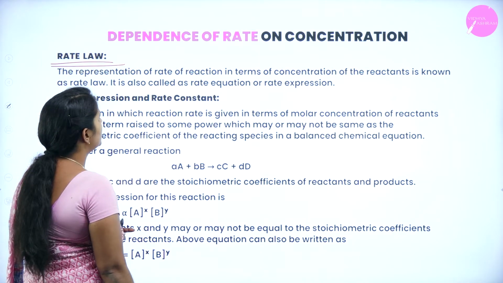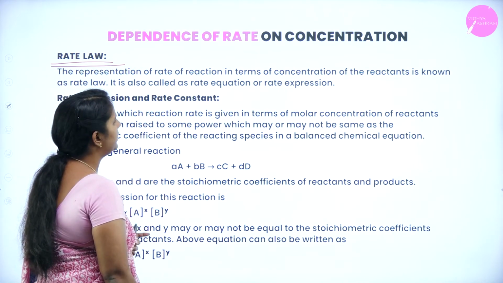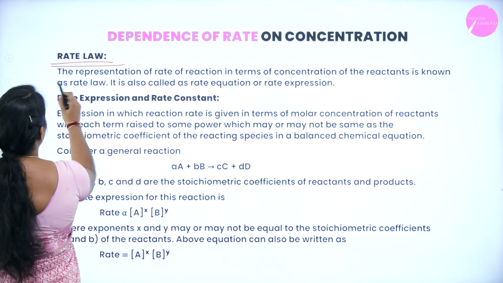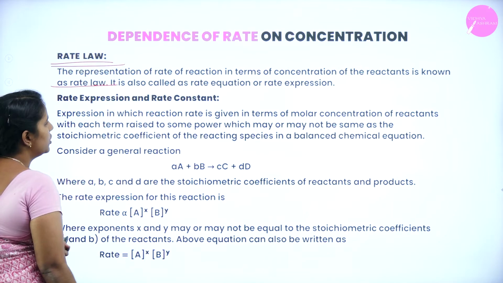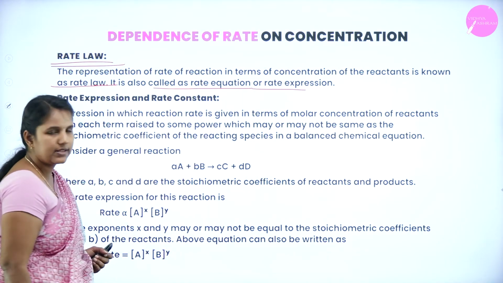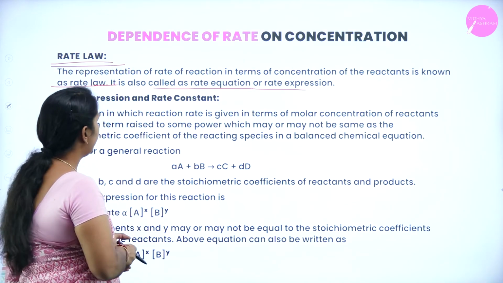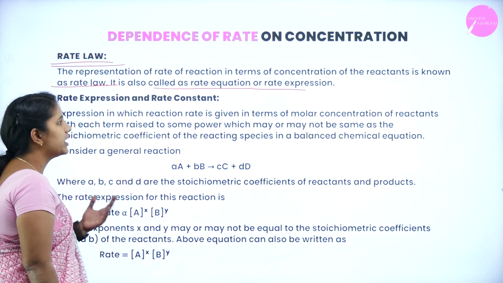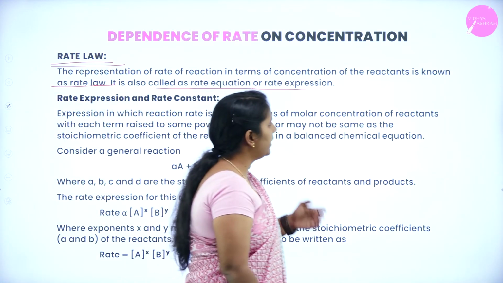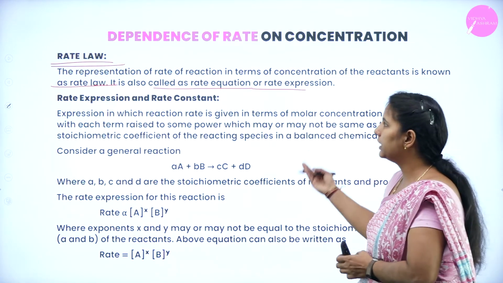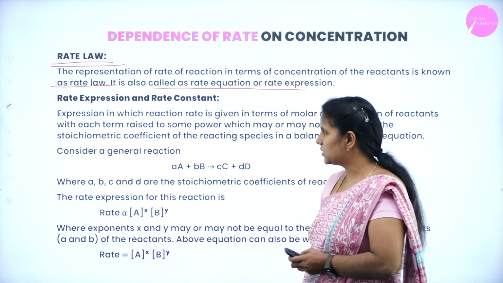The representation of the rate of the reaction in terms of concentration of the reactant is known as rate law, and it is also known as rate equation or rate expression. So what is the rate law? It is a representation of the rate of the reaction in terms of concentration of the reactant, known as rate law or the rate equation or the rate expression.